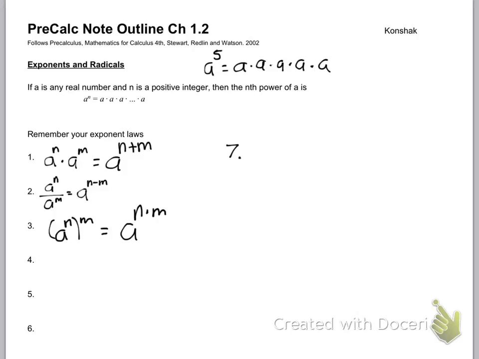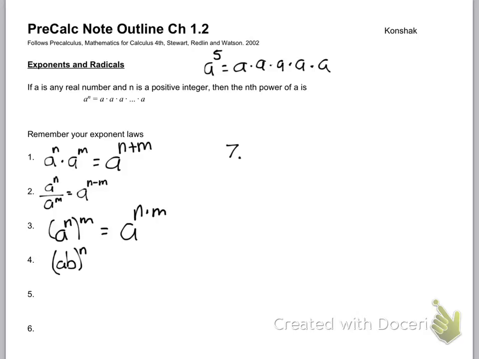And there are 4 more. What happens if I had some stuff inside a set of parentheses and I have an exponent on it? This one's called what? The distribution one? No. This one's called a power of a product.